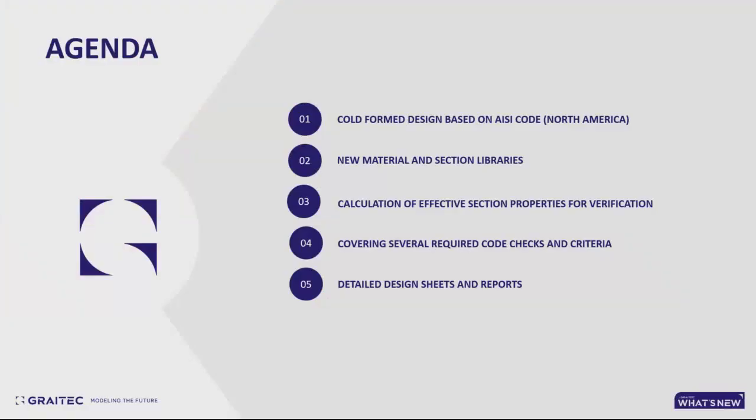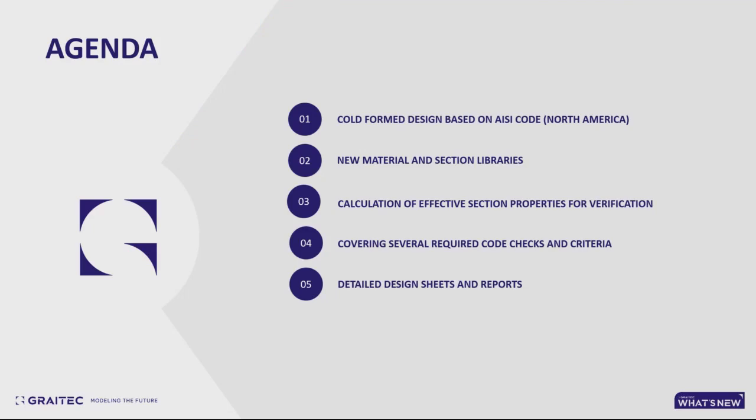So to give you a short agenda of what we will be talking about in this webinar, first of all, we will talk about the cold form design based on AISI code, which can be used in North America. We will talk about and show you the new material and section libraries that we have added for cold form design to Advanced Design. Calculation of effective section properties for verification of all cold form sections based on standard libraries.